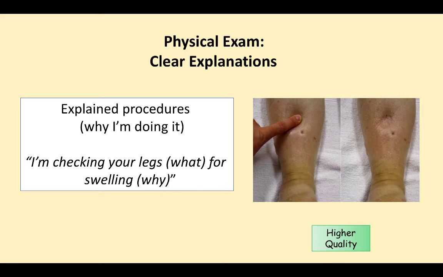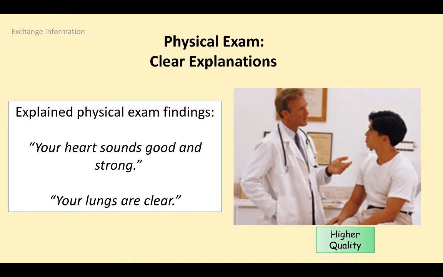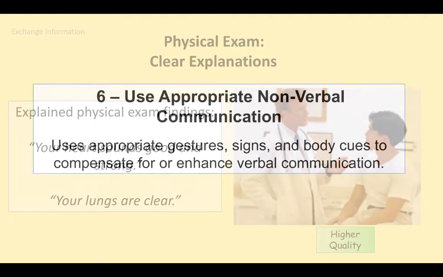During the physical examination, clear explanations, for example, explaining procedures. This is what I'm doing and why I'm doing it, and very important is giving the physical examination findings. If they're going to examine you, they should be giving the results of the examination itself.